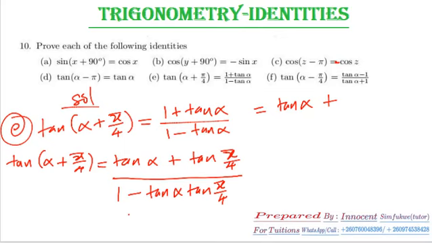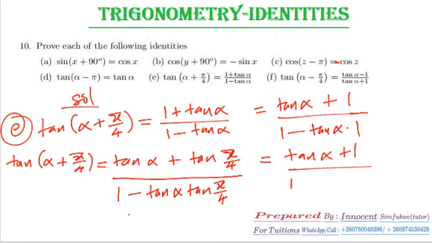So that's 1 over 1 minus tan theta. Sorry, these silly mistakes I'm making. Yeah, so that's right, tan theta, and then you know that this is tan 45, that's 1. You get? So whenever you multiply, so tan theta plus 1 over 1 minus 1 times tan theta.